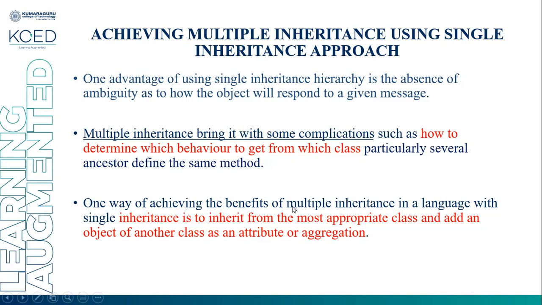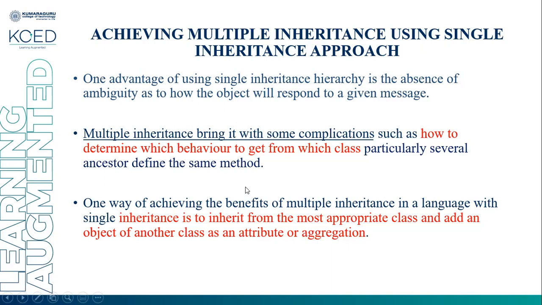One way of achieving the benefits of multiple inheritance in a language with single inheritance is to inherit from the most appropriate class and add an object of another class as an attribute or aggregation, as a part of another class.